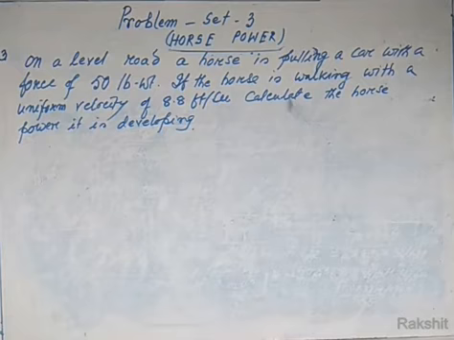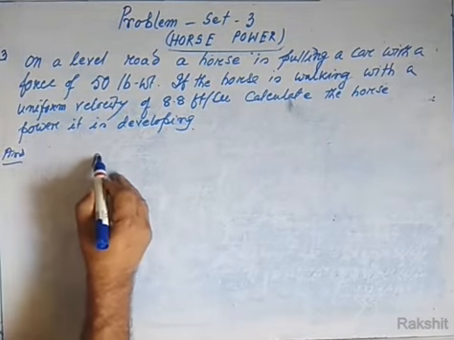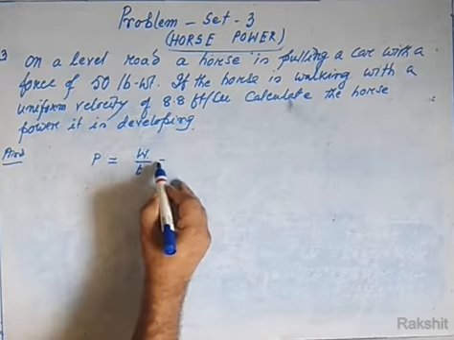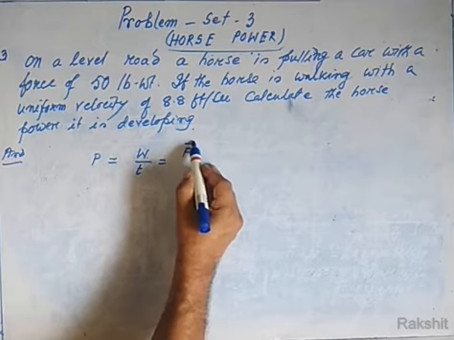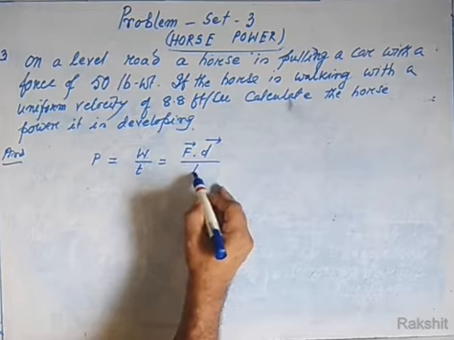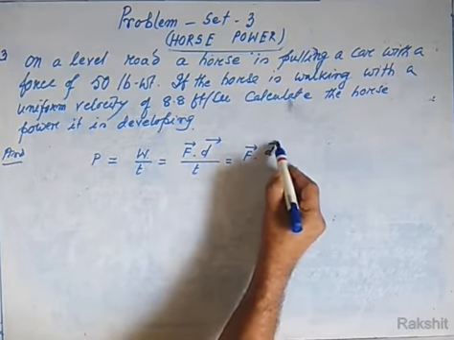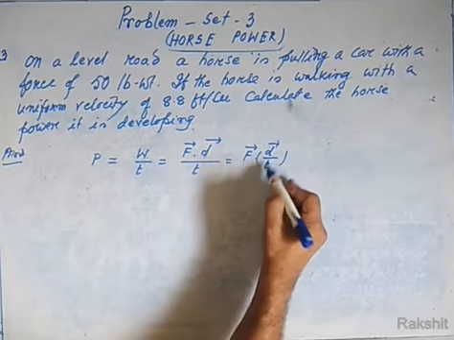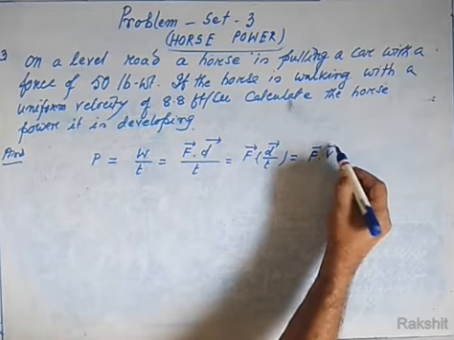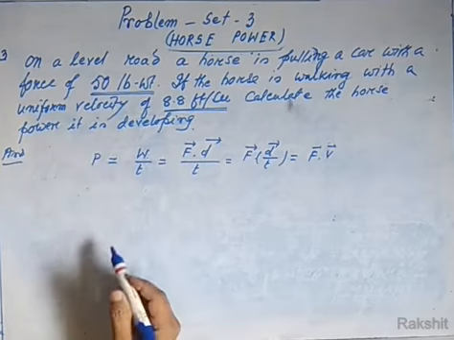Now we have the relation for power. Power is equal to work done by time. Work is equal to force dot displacement, so by time it is force dot d by t. Displacement by time is equal to velocity, so force times velocity.